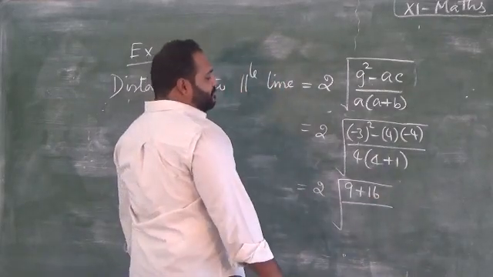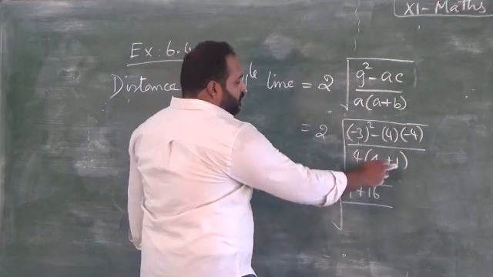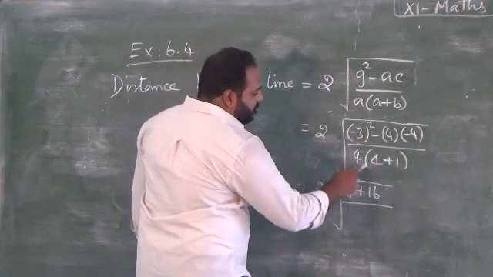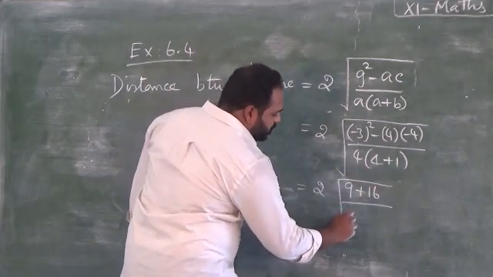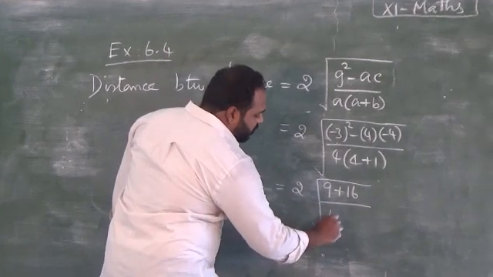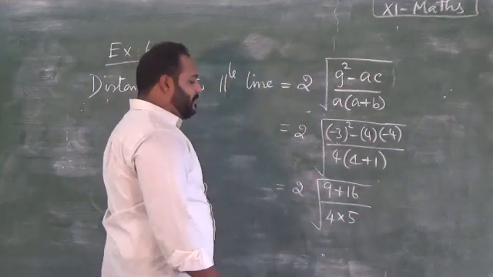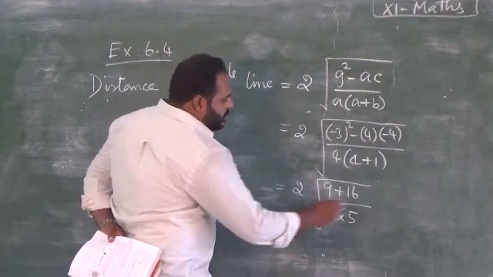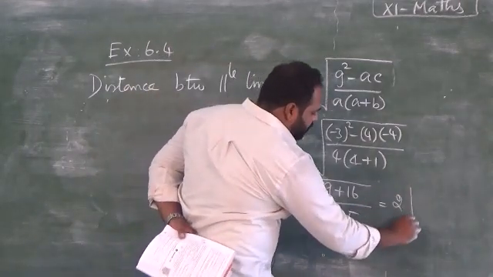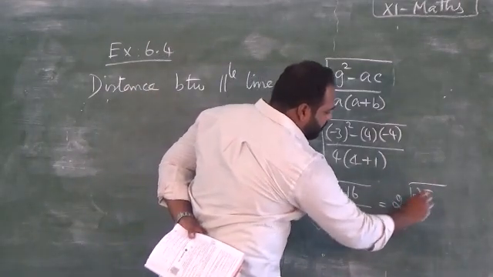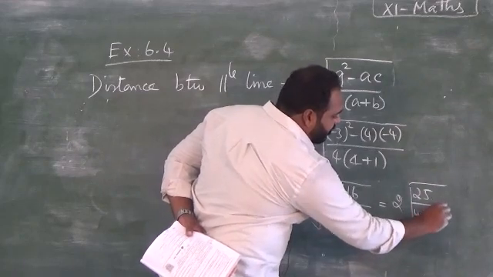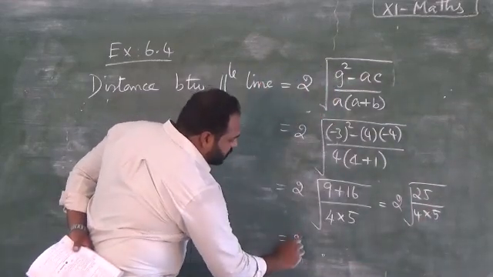It is 4 plus 1, 5. 4 into 5. Okay, anyway, don't multiply. Here it is 2 into, it is 25 by 4 into 5. So, take square root.